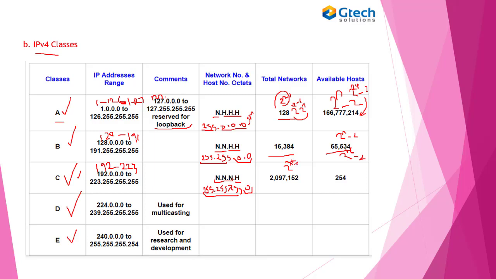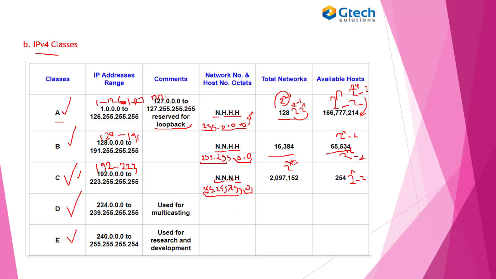Okay, so you have to understand that one. And then here we use the same formula of 2^n minus 2, where n represents the host bits.